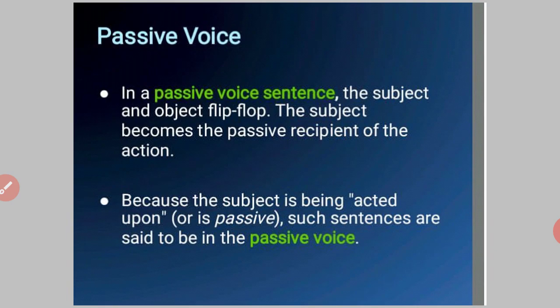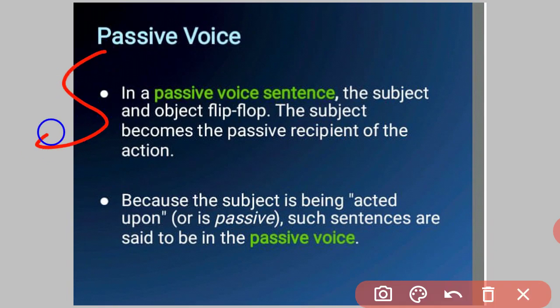Okay, so that's why we say the first word, the subject, goes into the position of the object, which means the last position, and the object comes into the place of the subject. Getting?